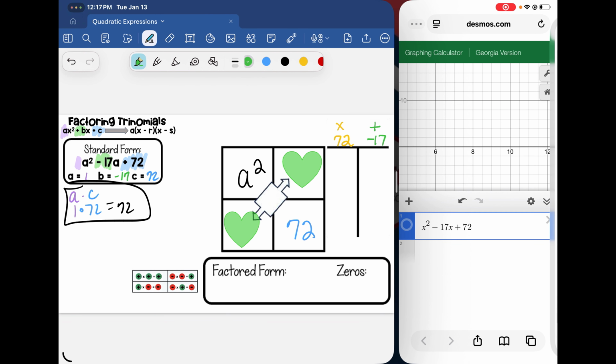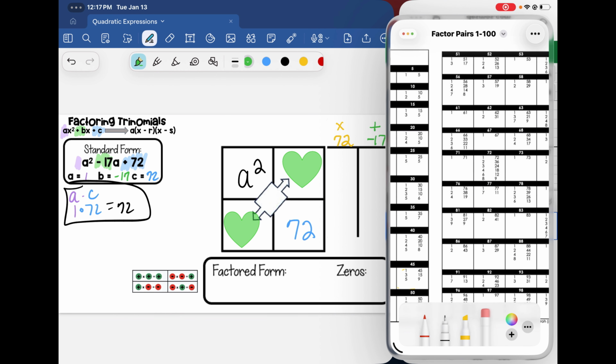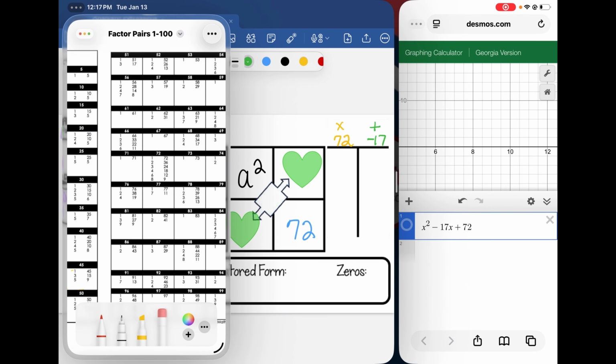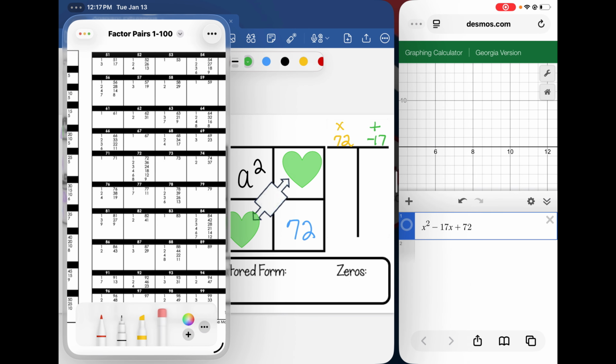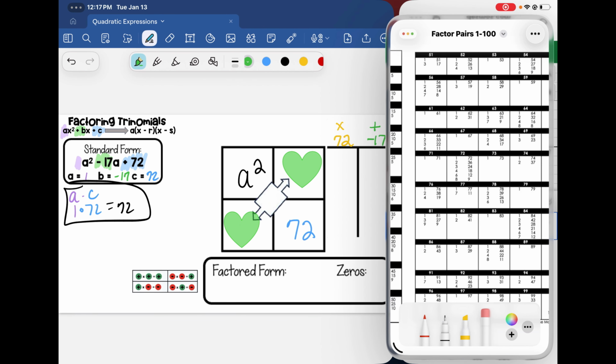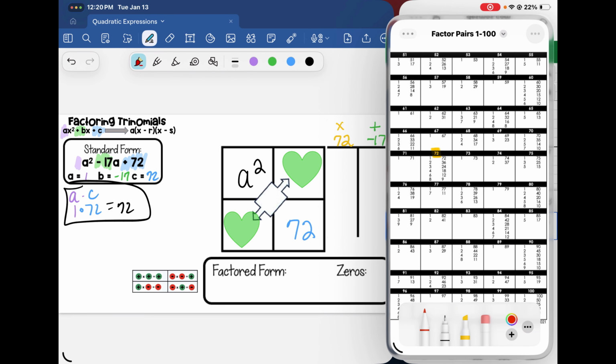So, handy dandy factor sheet. I find 72. There goes 72 right here. All right, so here we go. If I want two numbers from this list to multiply to a positive 72, that means both of my numbers either have to be positive, because a positive times a positive is a positive, or both of my numbers have to be negative.